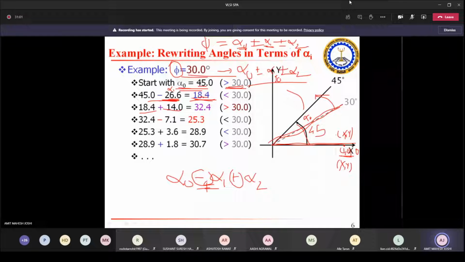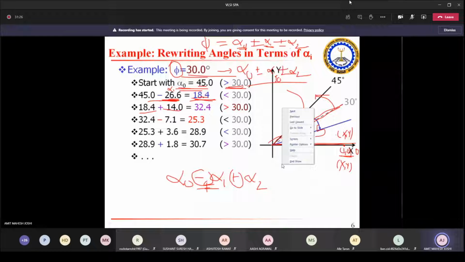Now if I subtract further from 18, then it will go nearer to 0. But where do I need to move? I need to move to 30. So that means any angle I need to add to my 18 now, so that I can move towards the 30.